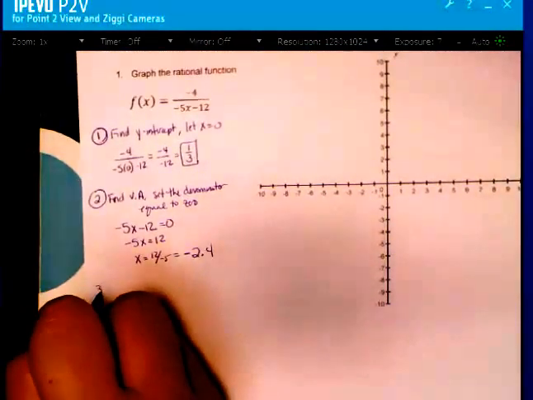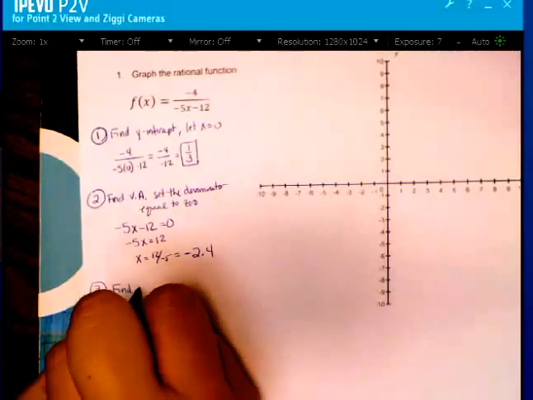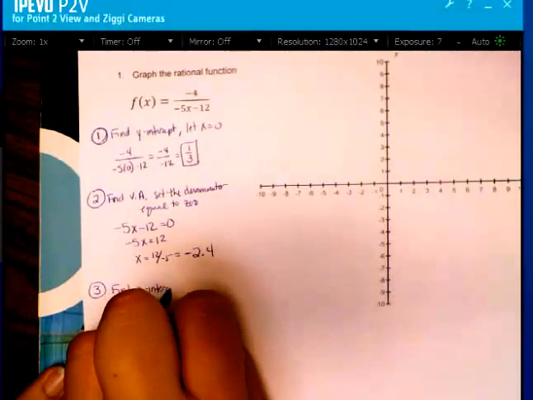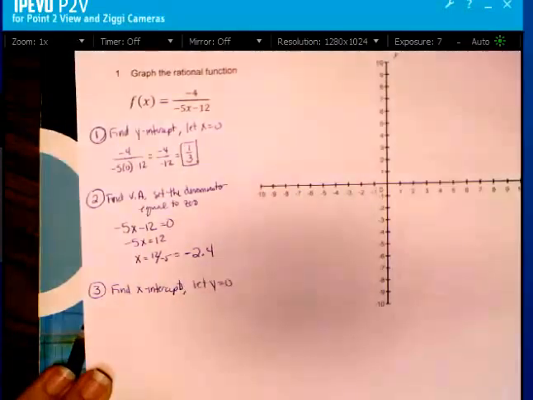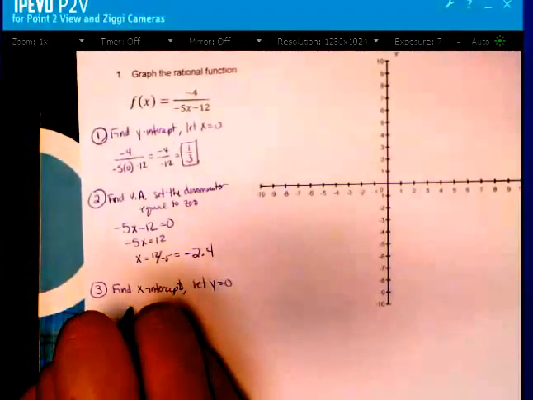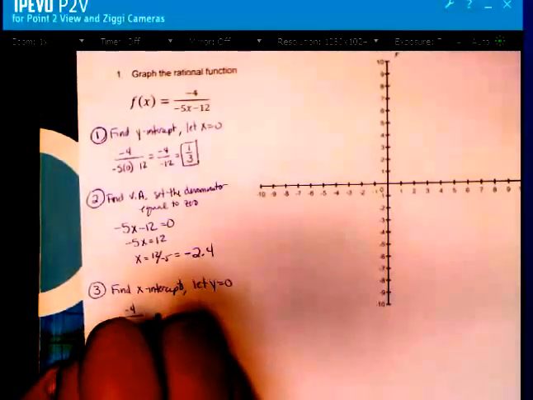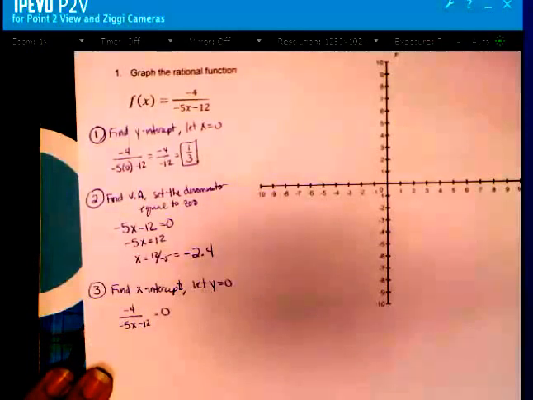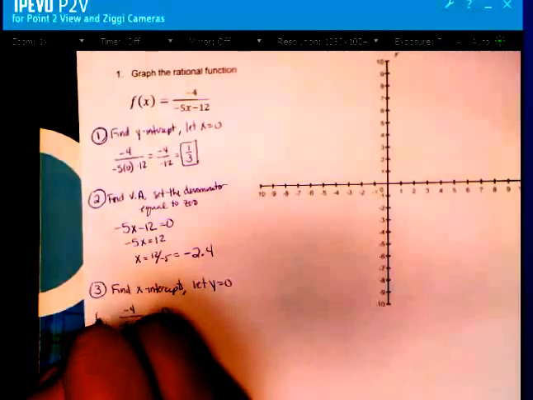Our third step is to find the x-intercepts. To do that, we're going to let y equal 0. So this becomes -4 over -5x minus 12, set equal to 0. In order to solve, we're going to multiply both sides by this denominator.